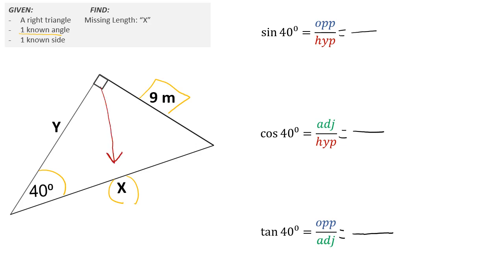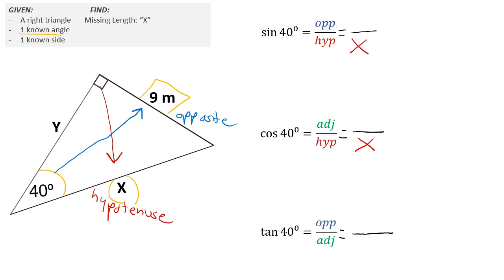What do we always know? The side opposite the right angle is the hypotenuse. Well, they don't tell us what it is, but they tell us it's x, so that's not a problem. They are asking us about 40 degrees, so I'm going to look at what is opposite the 40 degrees. Well, that's the 9.